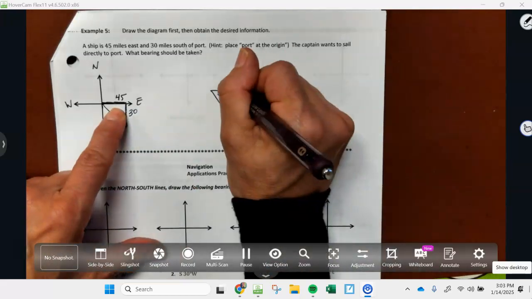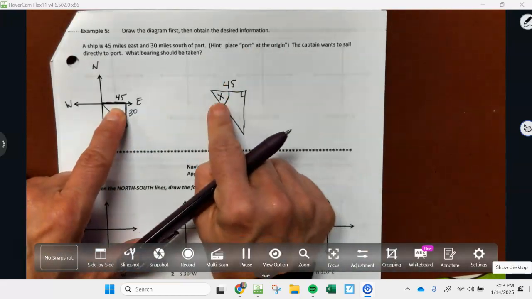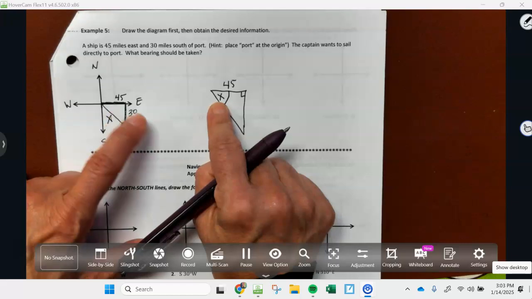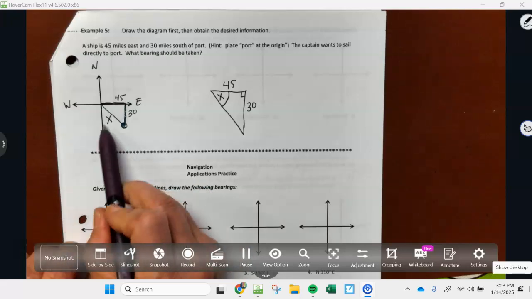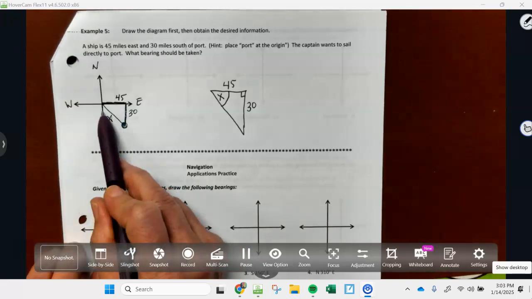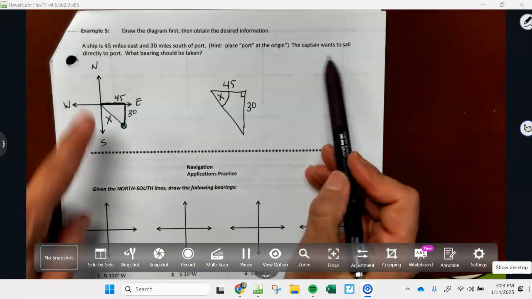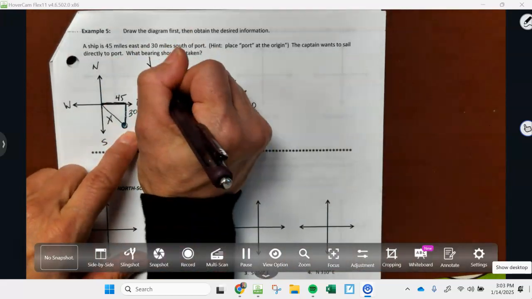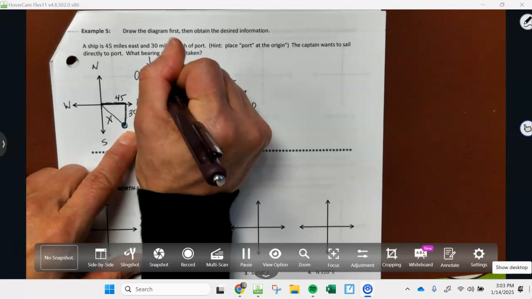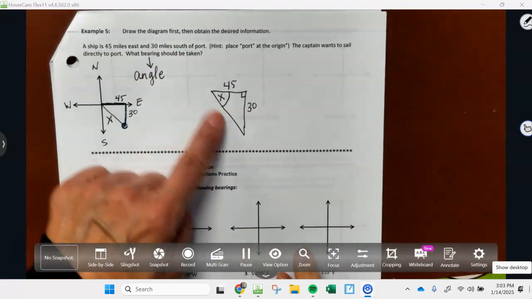We are given adjacent. This is adjacent to the angle we're looking for. And we're also given the opposite. So this amount right here, this distance, that's not really what the question is looking for. It's looking for the bearing. And remember, the bearing is an angle. So I'm not worried about the hypotenuse.